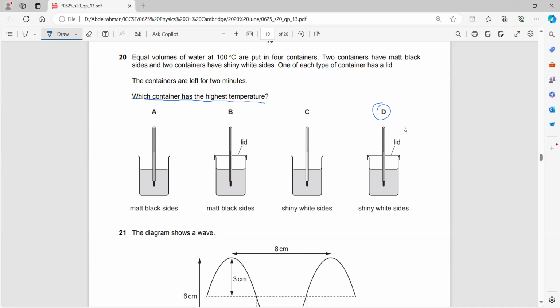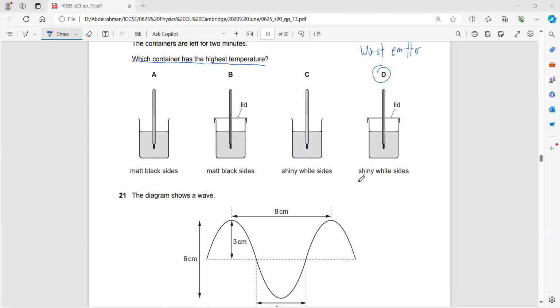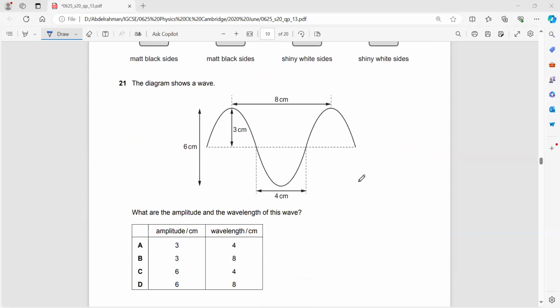Because it's the worst emitter, so it wouldn't give off too much infrared radiation. Any questions?